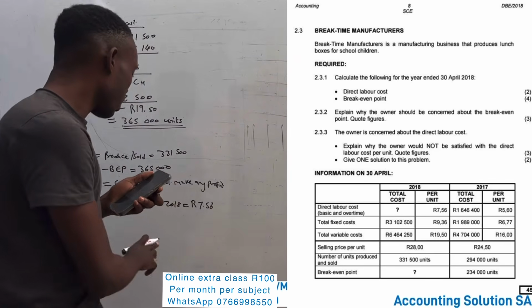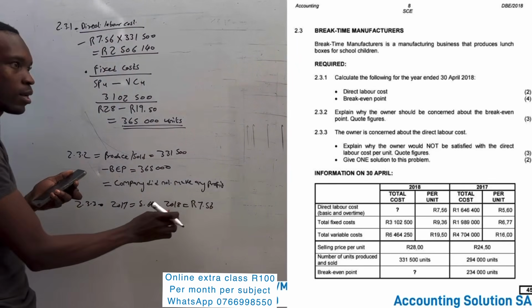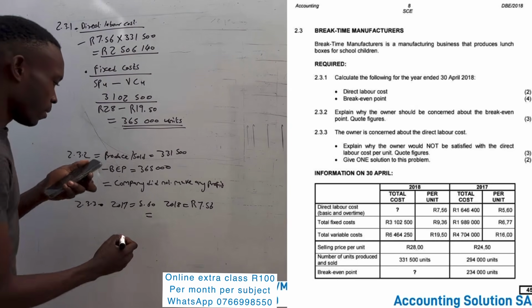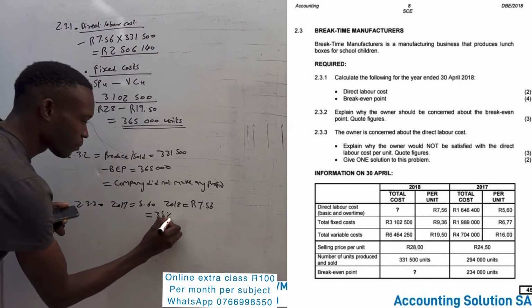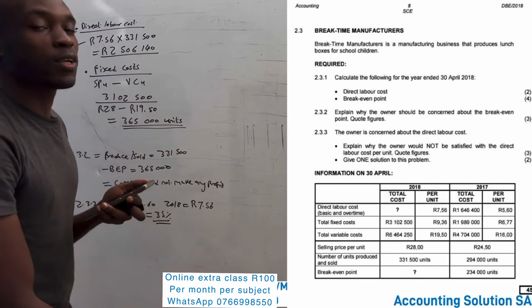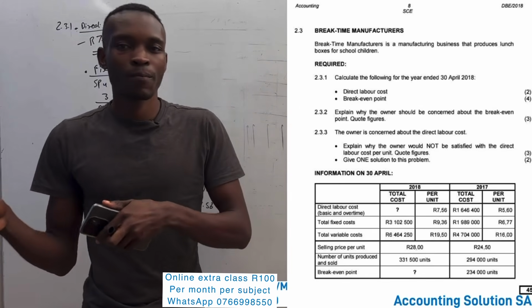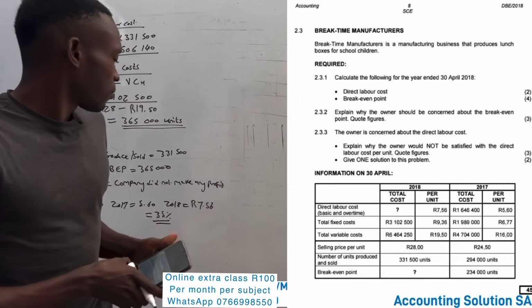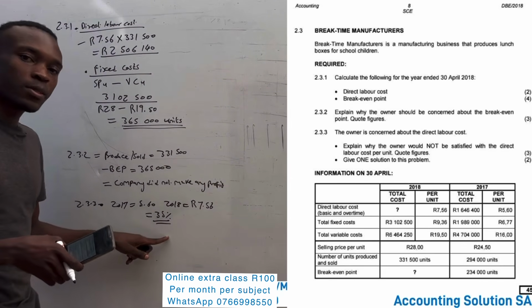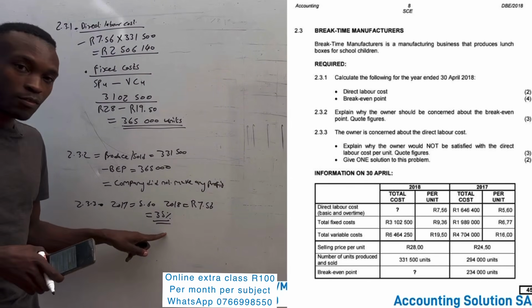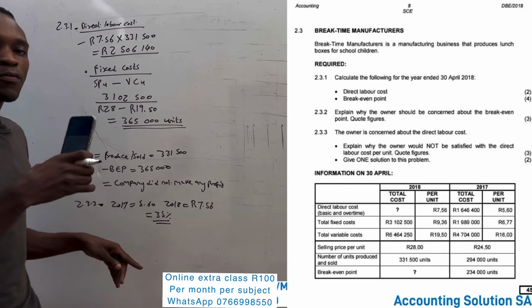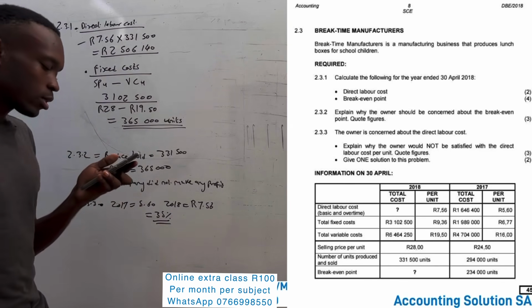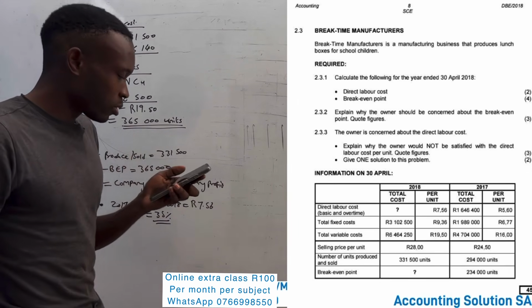If you calculate the percentage increase from 5 rand 60 to 7 rand 56, you will find that it has increased by 35%. This is way more than the inflation rate. Remember, inflation rate is normally between 4 to 6 percent in South Africa. But the labor cost has increased by 35%. This is too much. It must flow with what? Inflation. So obviously, the owner is not going to be satisfied about this.